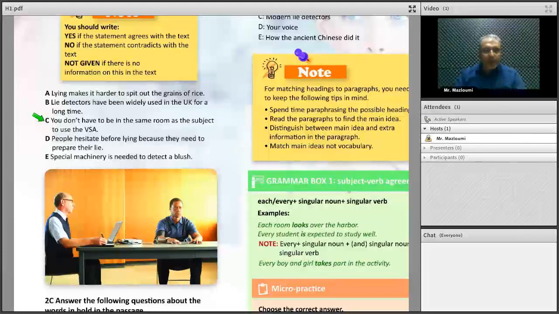C. You don't have to be in the same room as the subject to use the VSA. So you don't have to be in the same room. It is correct. Remember, as it says here in paragraph 3, you can use it in the next room via a wireless mic or bug. So, yes.